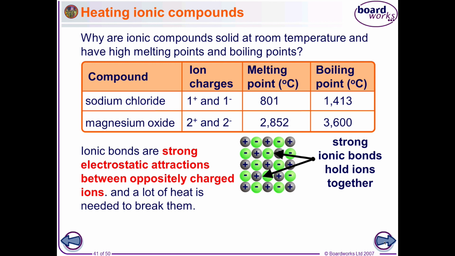They're strong electrostatic attractions between oppositely charged ions. So in the exam, you must use that phrase in bold red: the strong electrostatic attraction between oppositely charged ions. That is why the melting point of anything that's ionic is very, very high, because the positive and the negative ions attract each other with this electrostatic attraction, and it's very, very strong. A couple of examples of melting points there, and you can see that they're both quite high melting points.